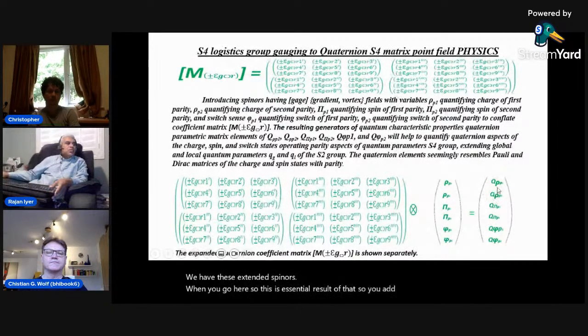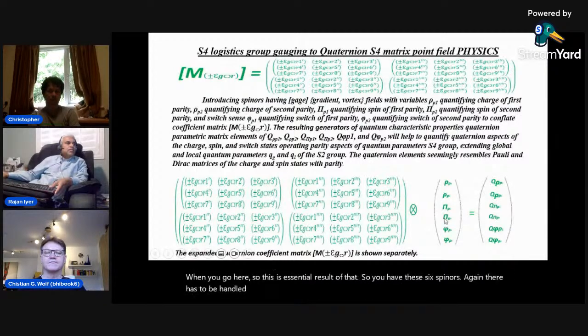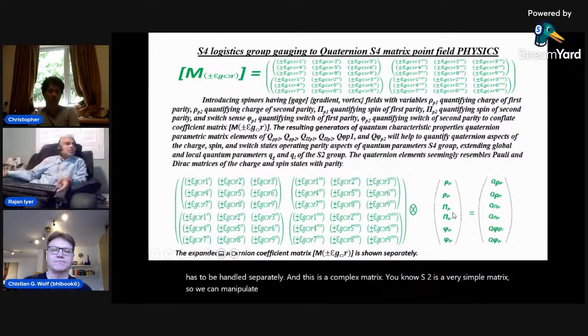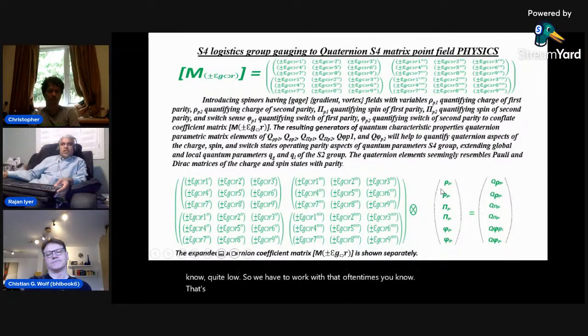So you have these 6 spinors separately, and this is a complex matrix. S2 is a very simple matrix, so we can manipulate quite a lot. S4 is a more complex matrix. So we have to work with that. Oftentimes, that's what I'm saying, a nice seamless transition between S2 and S4 will help to figure out.